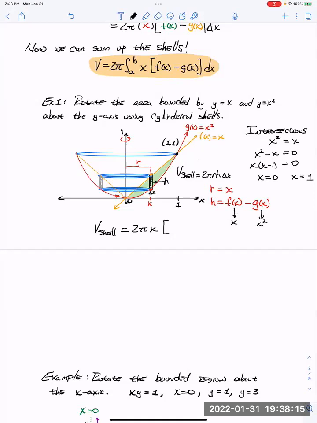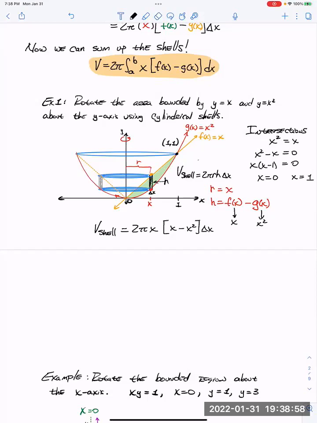So my height then is x minus x squared. People often get confused, but you have to focus on, these are y values, correct? This is off y equals x, and this is off y equals x squared. This is a larger y value from this function f of x. This is a smaller y value from this function g of x. And then our thickness there is delta x. And that's it. So there's the volume of one arbitrary shell.